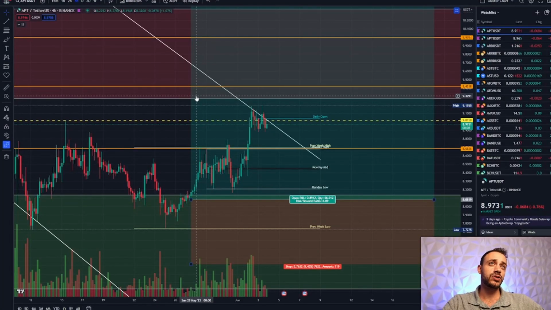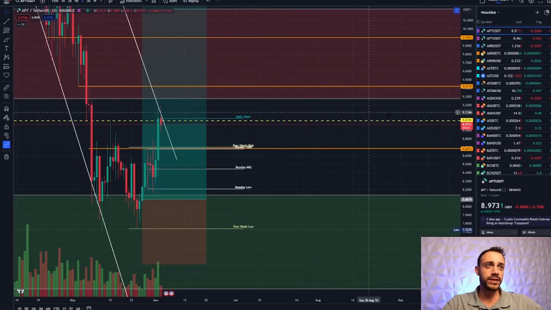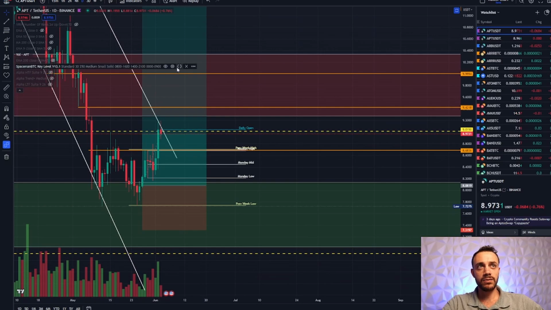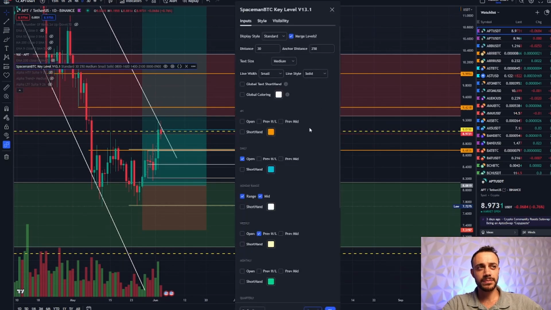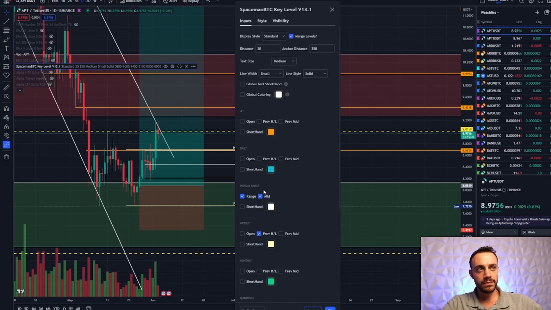So let's start things off looking at Aptos, APT, on the daily time frame. So on my Spaceman Key Level Indicator, if we go to the settings, as you can see right now, I have the daily open on. I really don't need that, so I'll take it off. The only thing I'm going to have checked off is the Monday range and the Monday mid-range, but we really don't even need the Monday mid-range.